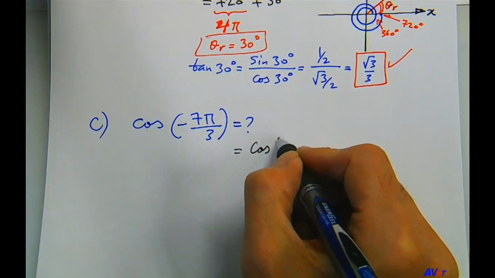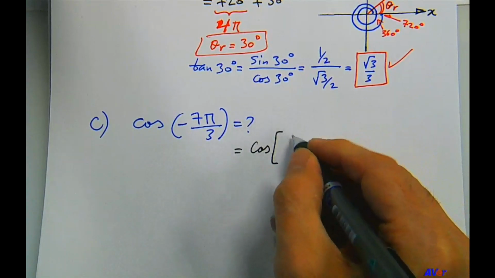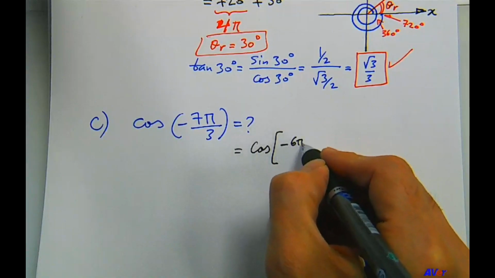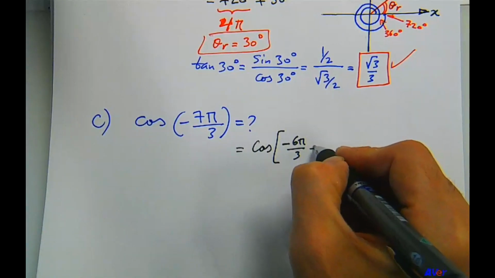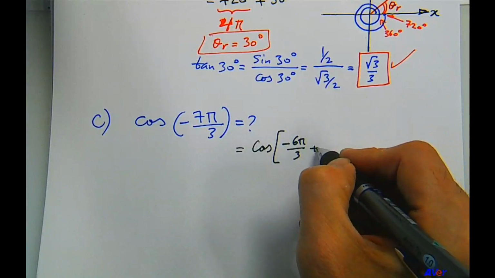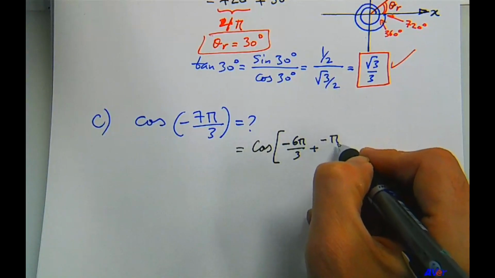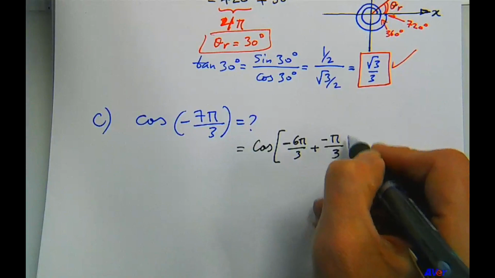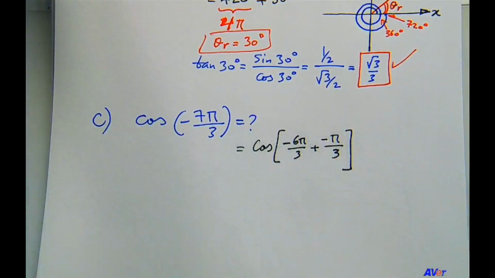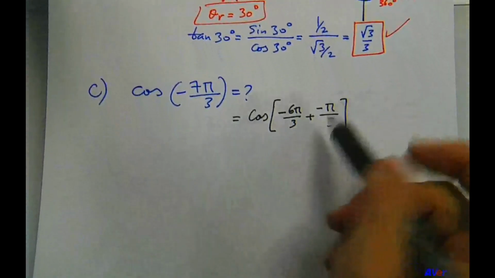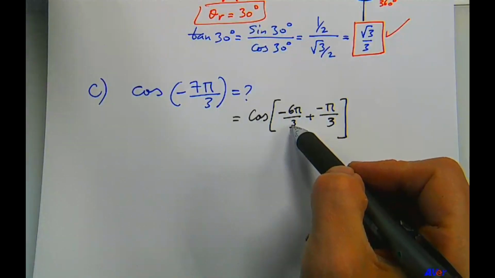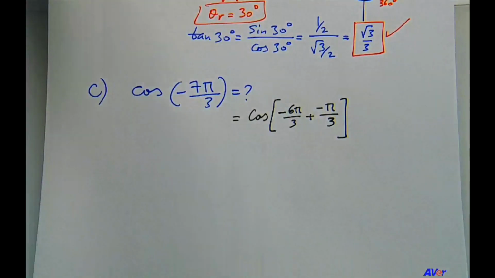Cosine of minus 6 pi over 3 plus minus pi over 3. Let's break it up like that. This would help because minus 6 pi over 3 is simply minus 2 pi.